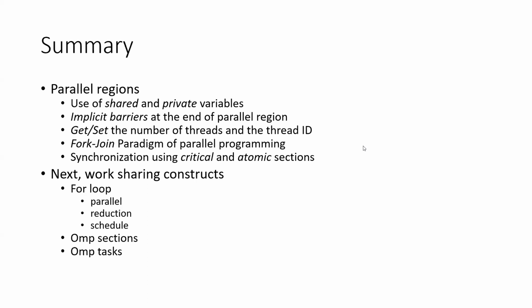So as a high-level summary, what all we have discussed: we started with parallel regions with simple shared private variables, their scope, implicit barriers, the way to fetch threads by APIs, and then we discussed critical, atomic, single, master, and then for loop with reduction, scheduling, sections, and tasks.